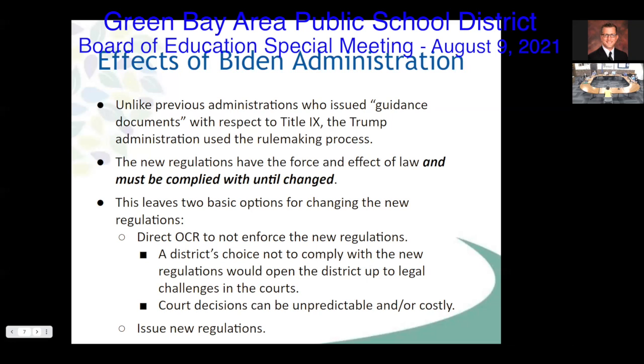And it appears that the Biden administration recognized the uncertainty and chaos that would result from non-enforcement. And they are going to be, as I can tell, proceeding under the second option, which is to issue a new rule. Unfortunately, that means change will not happen anytime soon. Case in point, Trump also promised a new Title IX rule during his candidacy for presidency in 2016.